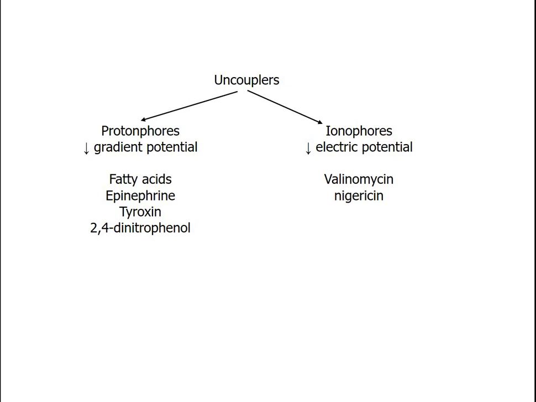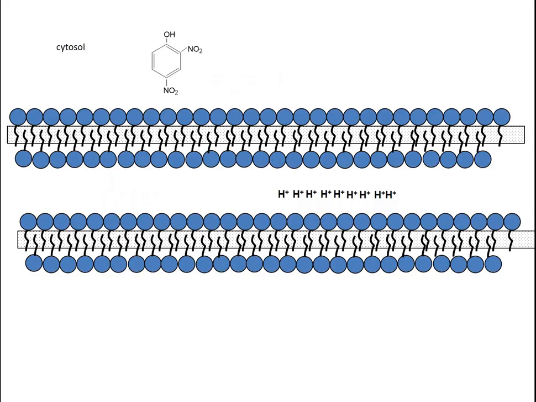Let's explain how protonophores work using the example of 2,4-dinitrophenol. 2,4-dinitrophenol is a derivative of an aromatic hydrocarbon.